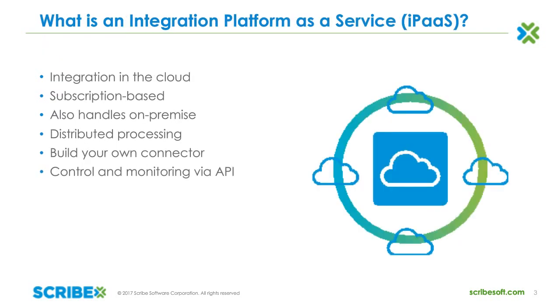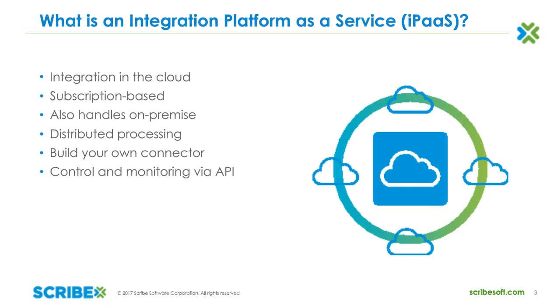I realize that some of you may not be familiar with the term iPaaS, so I wanted to start out by defining it. iPaaS stands for Integration Platform as a Service, and as you might suspect, it's basically an integration offering that's available as a cloud service. It's typically subscription-based. Like most cloud services, you pay for it on a monthly or annual basis.